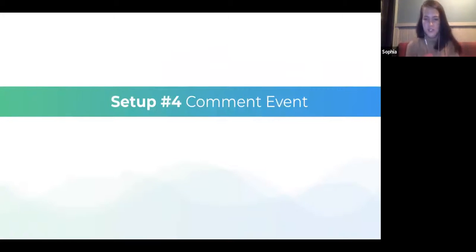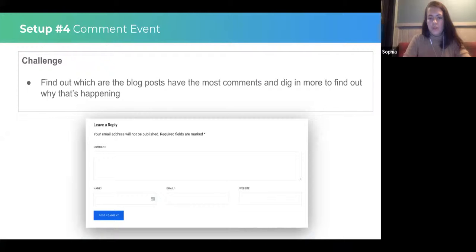Another very interesting setup, an engagement setup especially useful for the blog section, would be to find out which blog posts have the most comments. This is a question you can answer with Google Analytics, and then we have to dig a bit more to understand why that's happening, and to analyze the types of articles that are getting a very high percentage of comments.